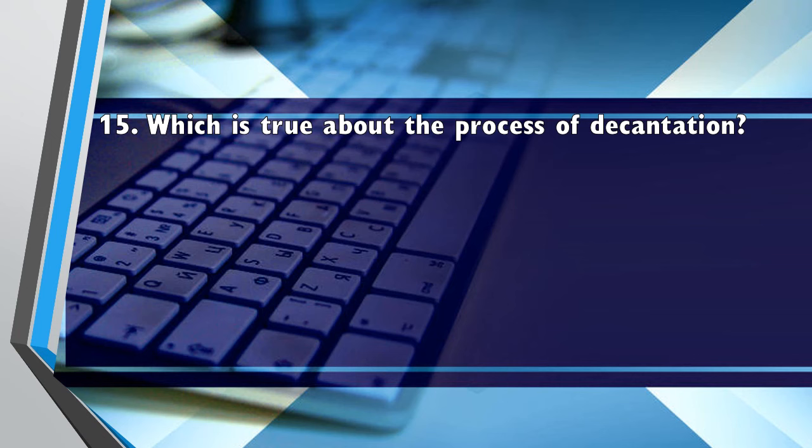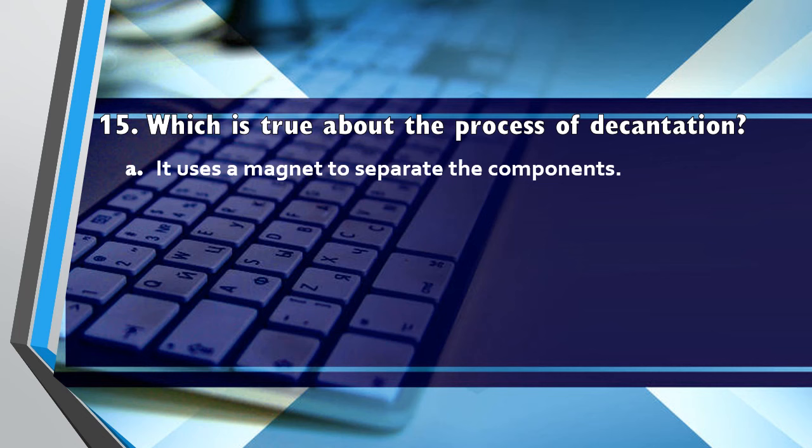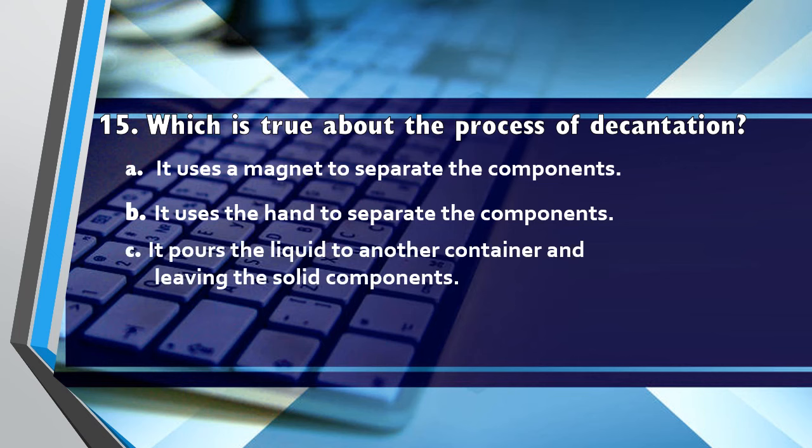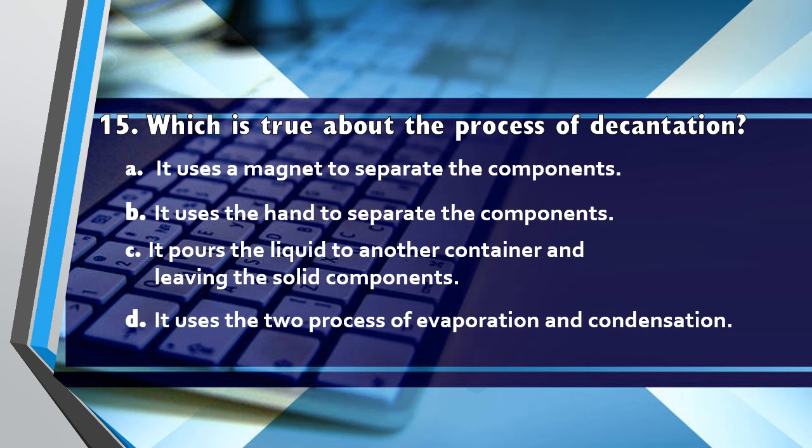Number 15. Which is true about the process of decantation? A. It uses a magnet to separate the components. B. It uses the hand to separate the components. C. It pours the liquid into another container, leaving the solid components.